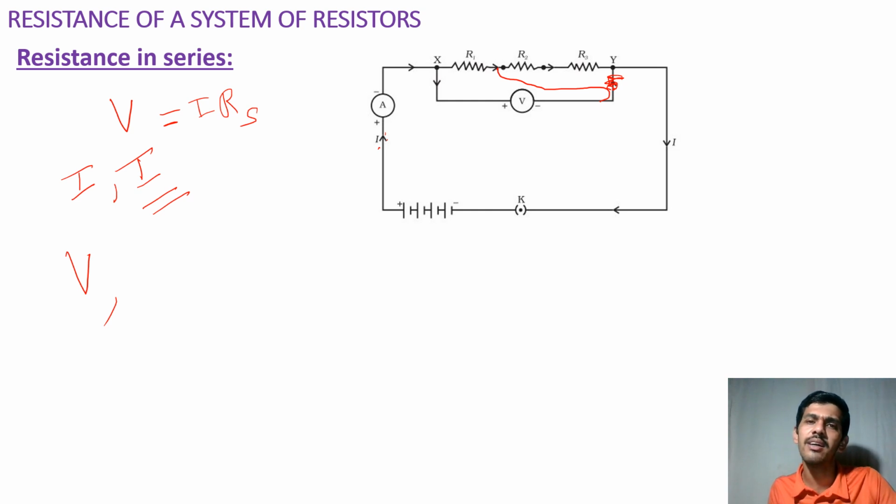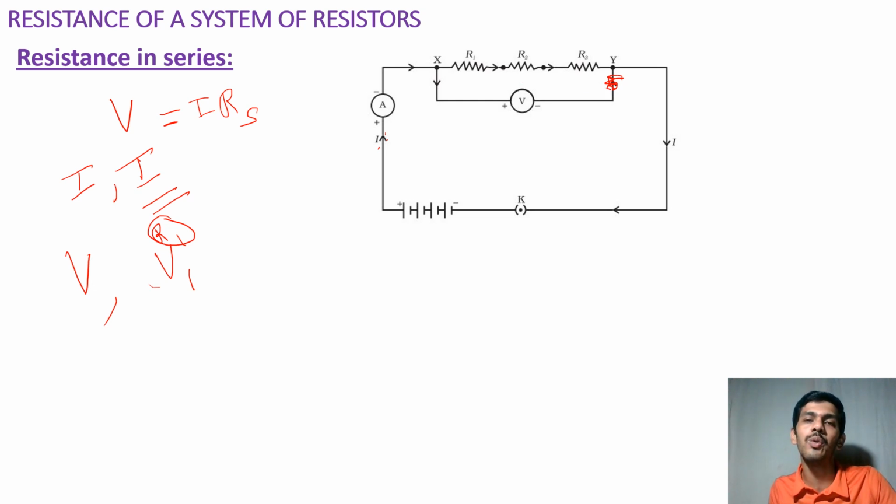I note that down. Interestingly, it is not equal to the previous value measured across all three resistors. I will take that value as V1, because it is the potential difference across R1.